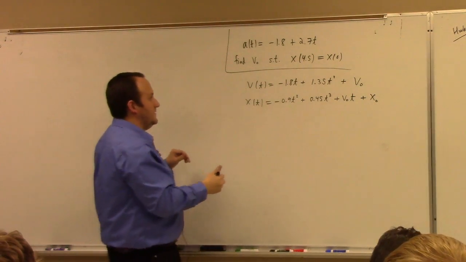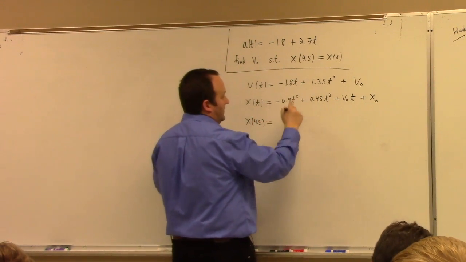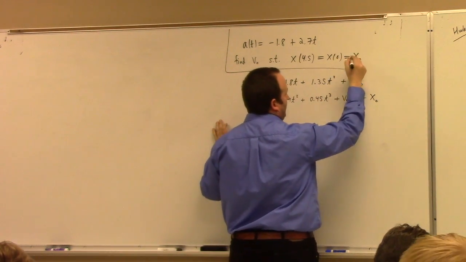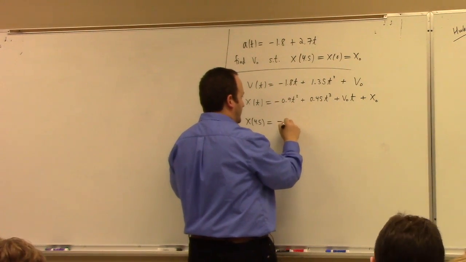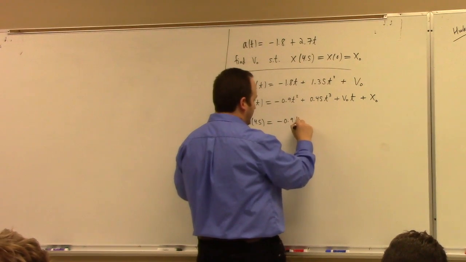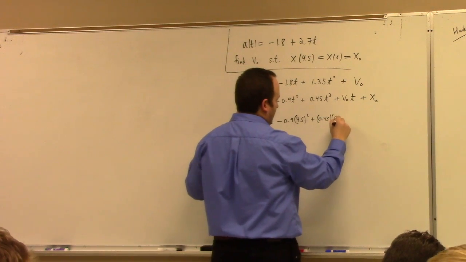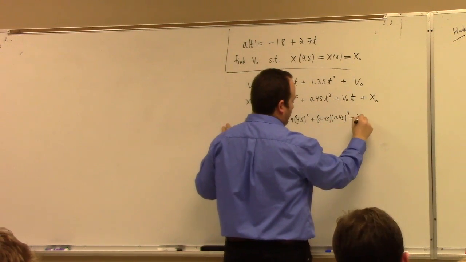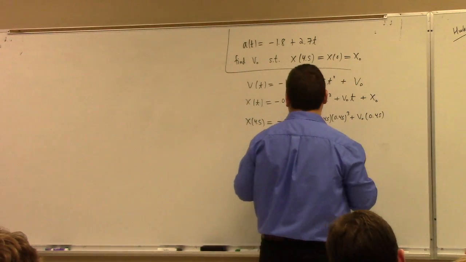All right. Now I have x of 4.5 is equal to, of course, x naught is x naught. So x of 4.5 is equal to minus 0.9 times 4.5 squared plus 0.45 times 4.5 cubed plus v naught times 4.5, right?